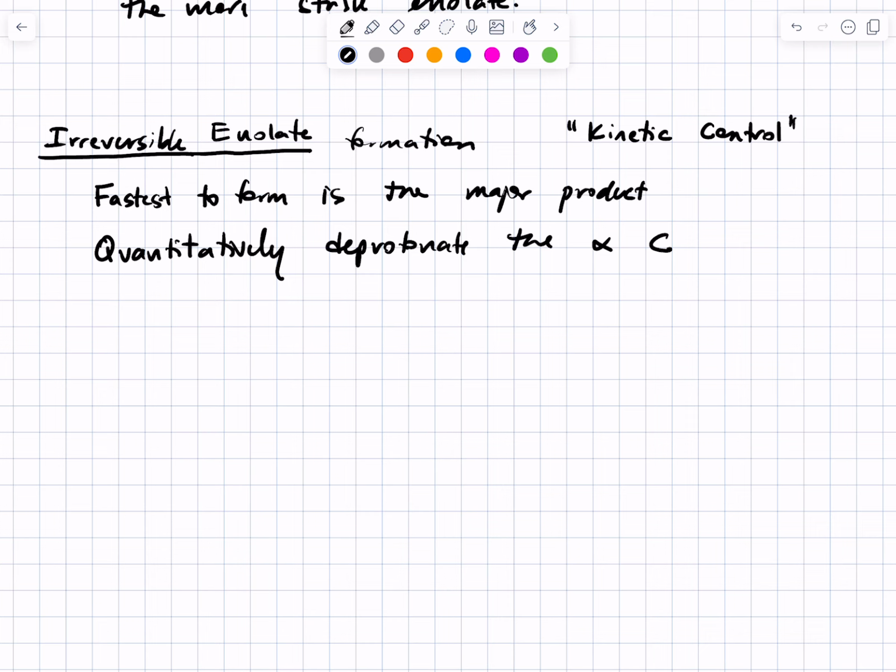An example of irreversible enolate formation is this beta diketone. We talked about it just a minute ago, but I glossed over the fact that there are two different kinds of alpha protons.